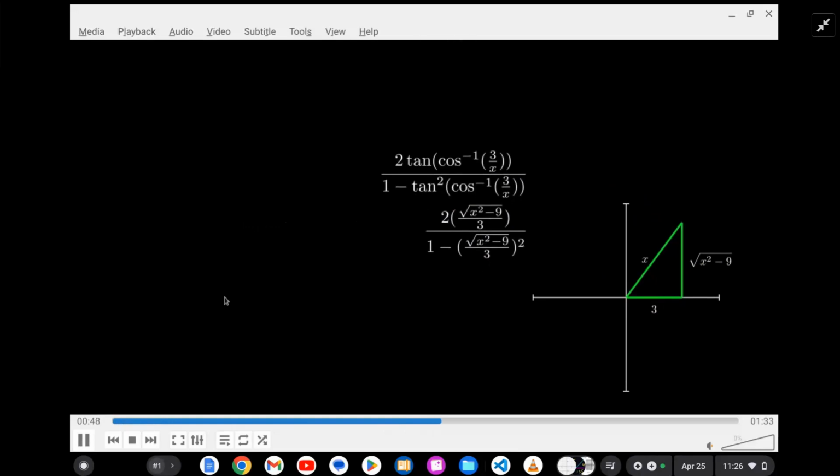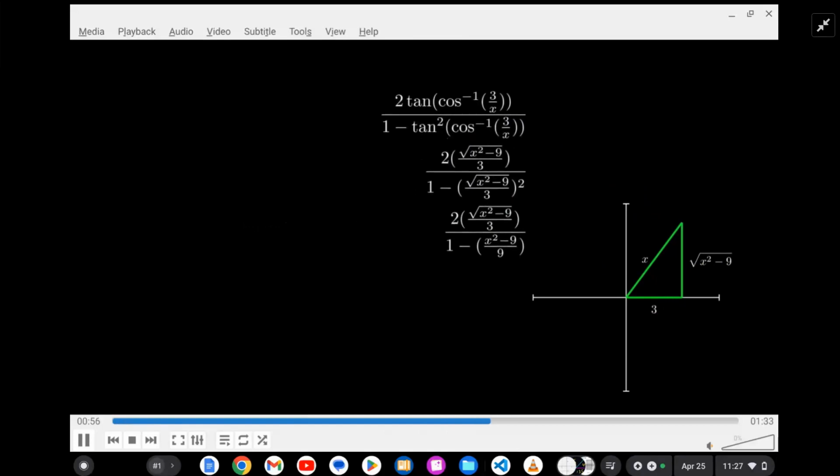And then we'll do some simplifying. You should do this on paper and just check my work here. Squared that bracket in the denominator. Now I want to combine the denominator under 1. Denominator there over 9.